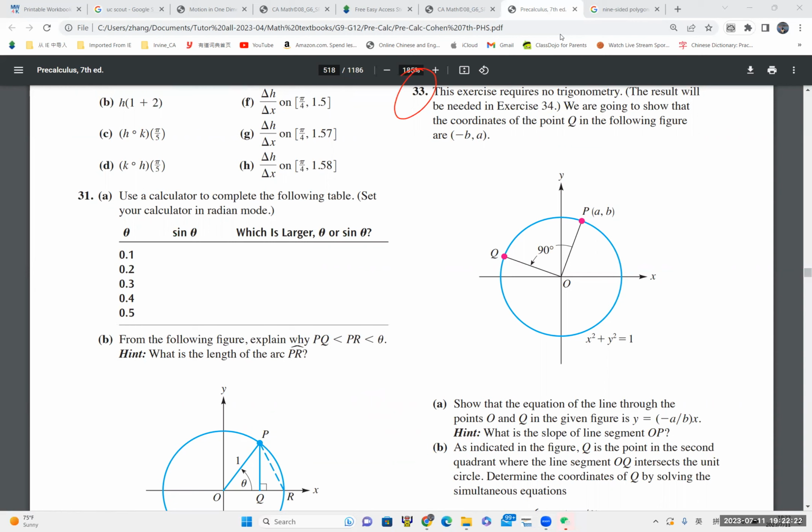In exercise 30, the coordinate point Q in the following figure. In the unit circle, P is P, PO and QO are perpendicular. How should we know?